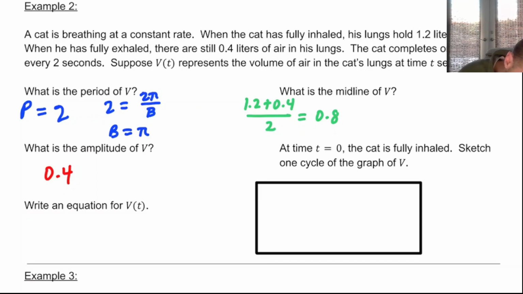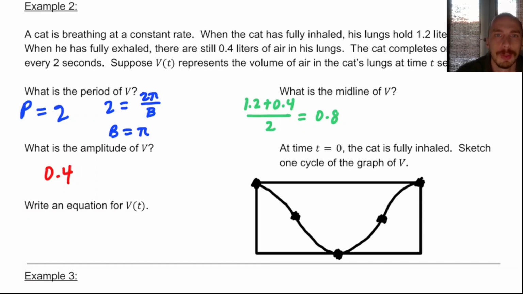All right, so starting at t equals 0, the cat is fully inhaled, so it's got its maximum amount of oxygen, which I'll come back in and do in a second. So halfway in between, it'll be at its minimum, and then at the end of the period, it'll be back where it started. So I'm just going to go halfway in between these points, draw the best version of a sinusoidal graph that I can, and that'll definitely be good enough.